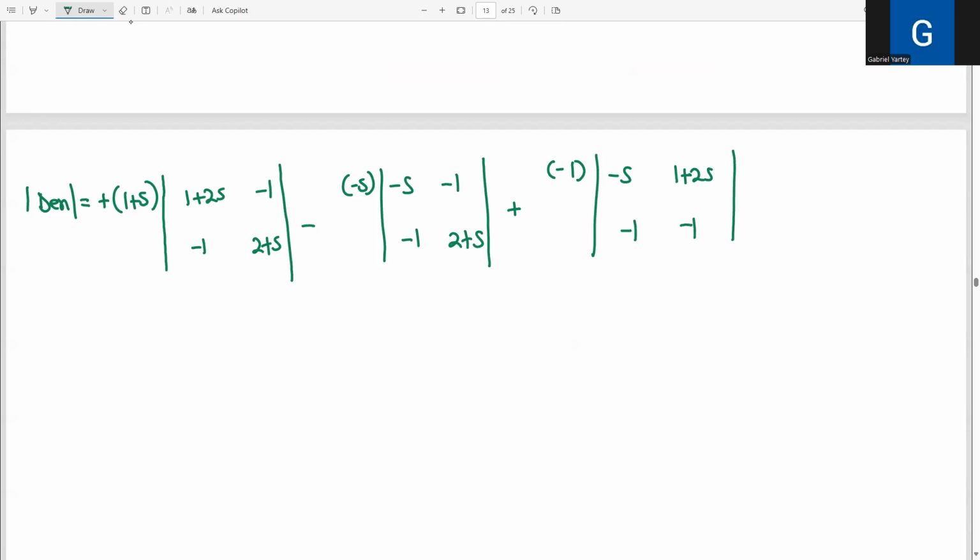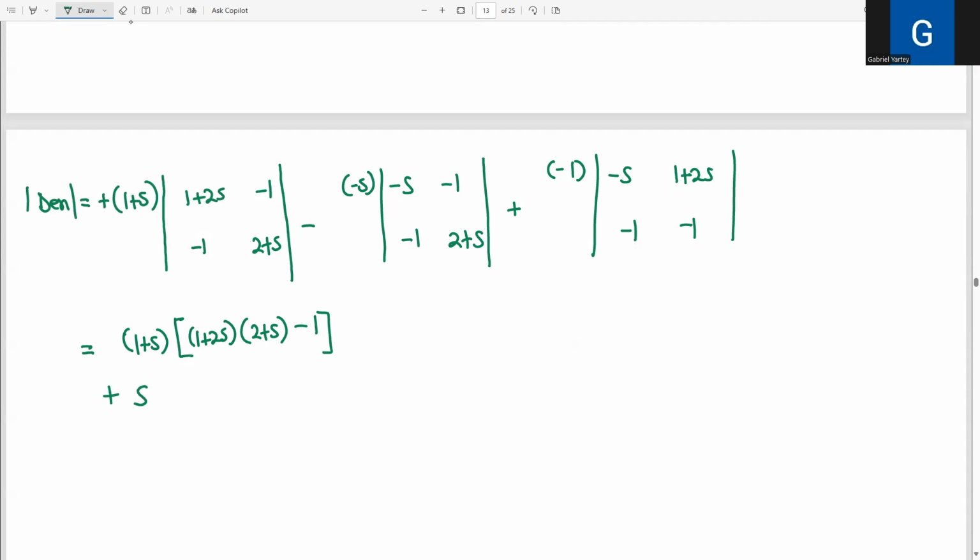Now if you want to multiply through, you get, that's you are finding the determinant of this. So it's going to be 1 plus S. This multiplied by that gives me 1 plus 2S, 2 plus S, and then minus 1 here. Then this right here, I get minus times minus gives me plus, right?